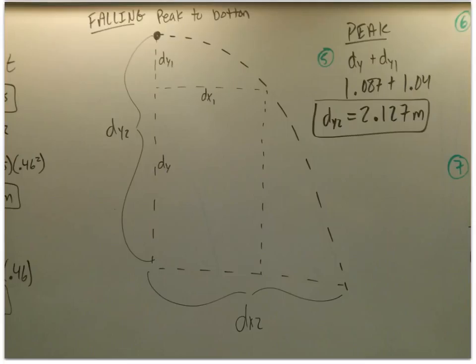So what we have to do now is start over as a new, almost like a horizontally launched projectile, where the horizontal velocity Vx is up here, and here's our drop distance, and we can find our time variables and things from there.